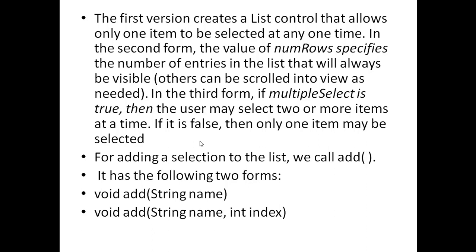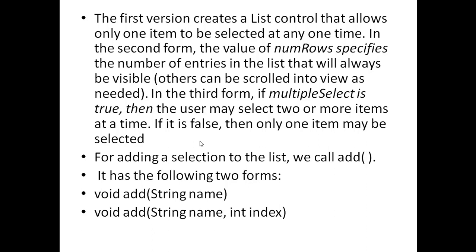Suppose in the item list there are 10 items, and we have provided num rows as 4, then by default 4 items are displayed. The remaining items we want to view, we need to scroll the list.